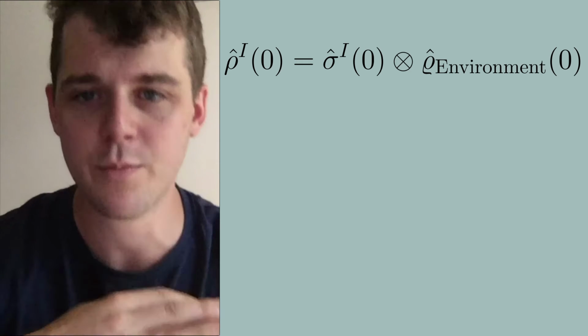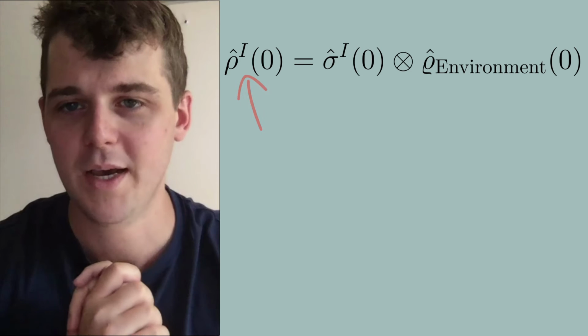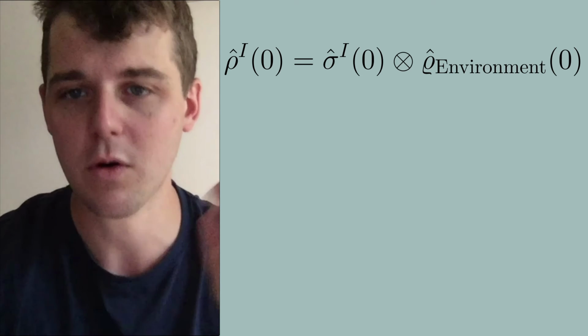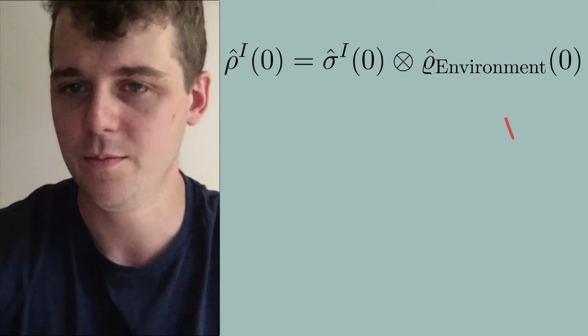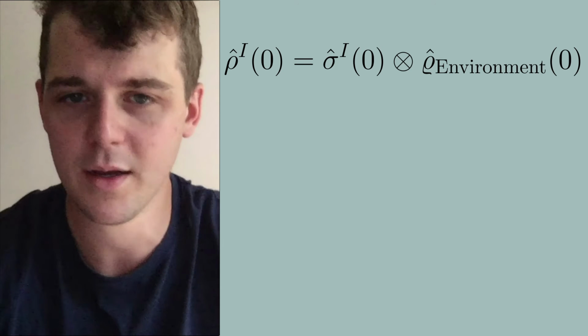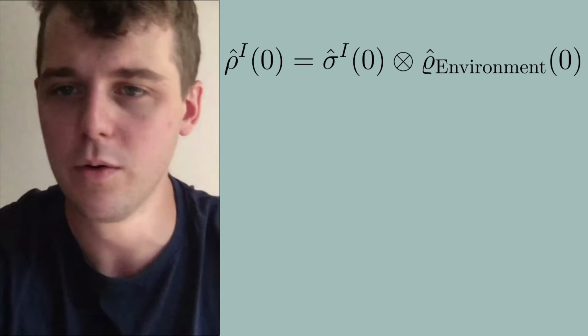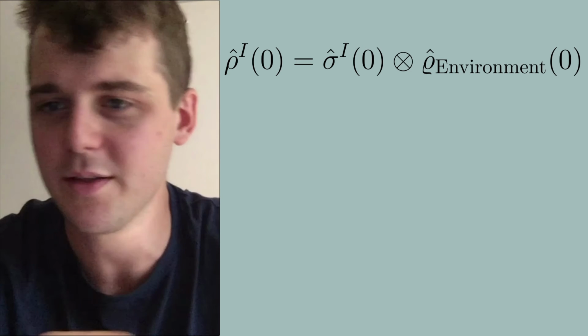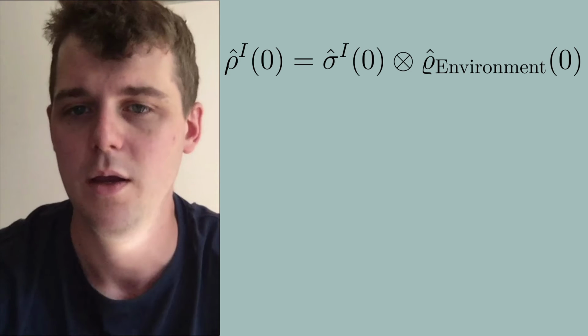In practice, the full state rho has a tensor product structure. It's uncorrelated. So there's some initial state for the qubit tensored with some state for whatever the thermal bath is doing. And this rho of the environment at the initial time is going to be some thermal state for the bath.